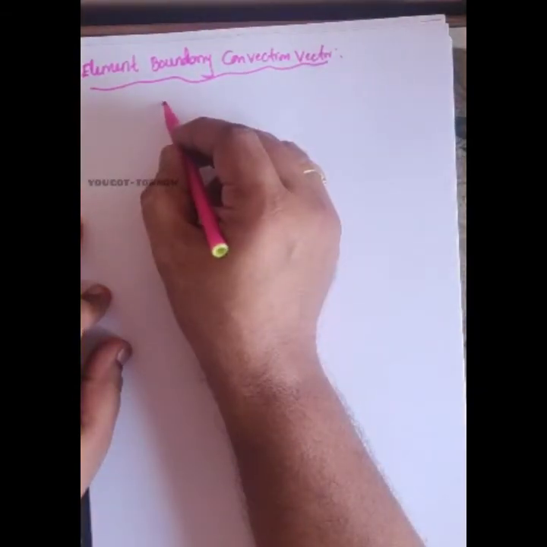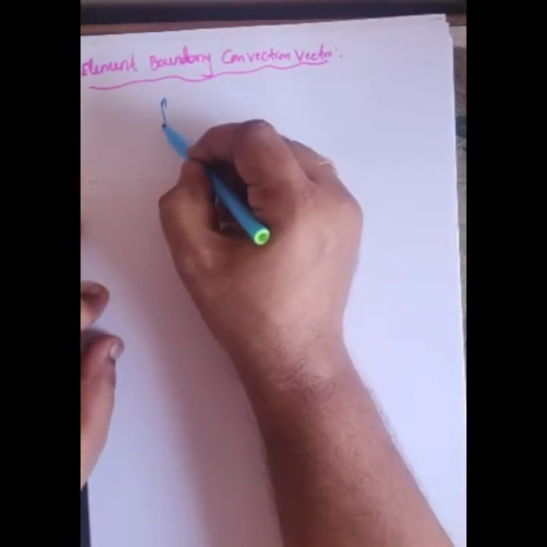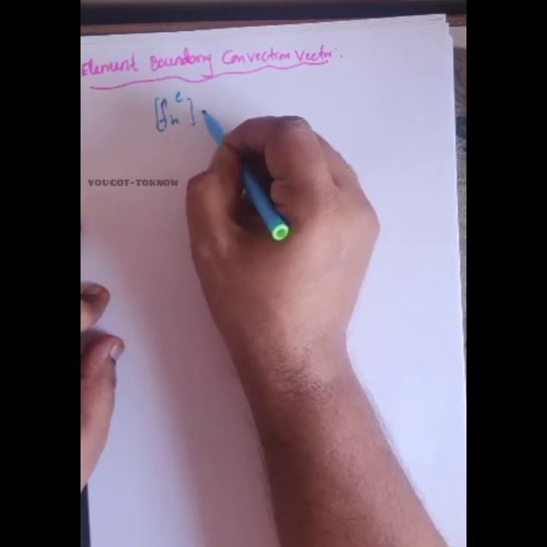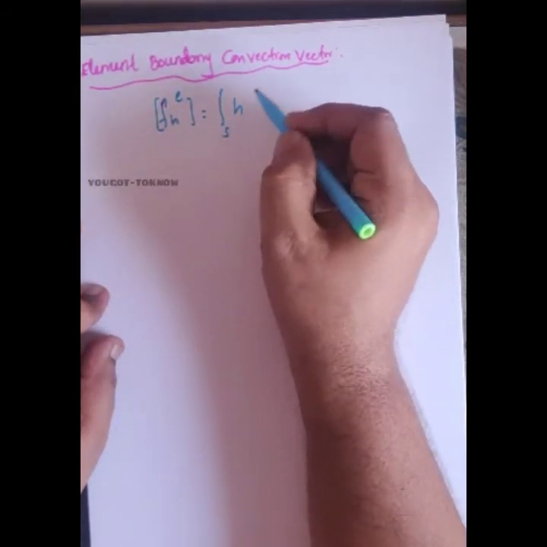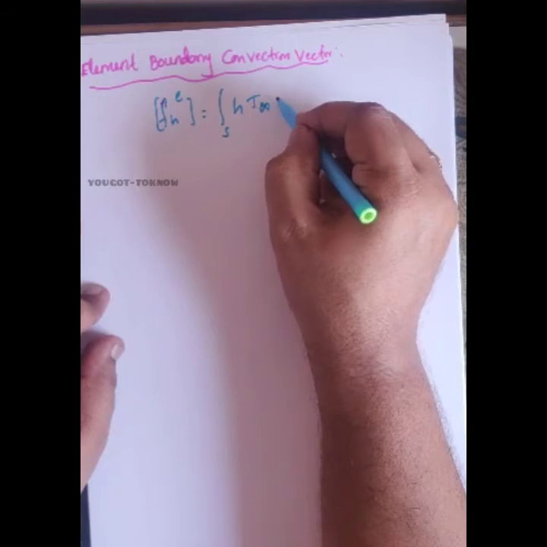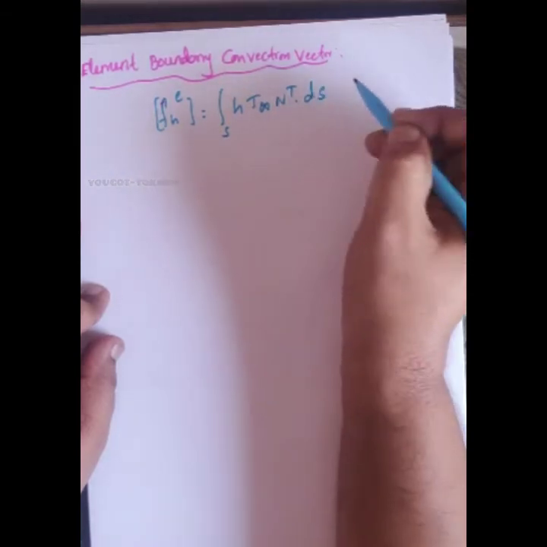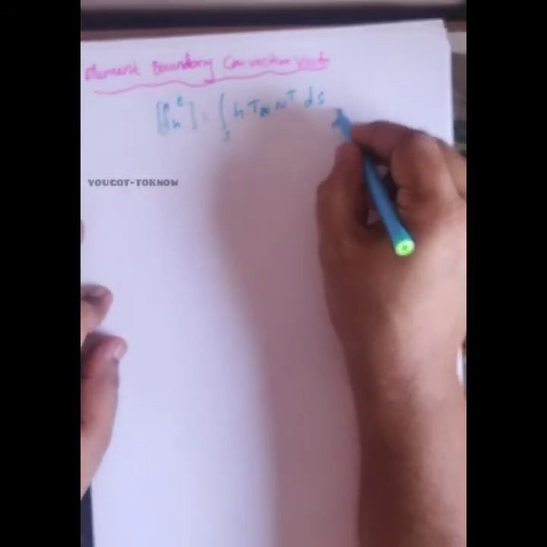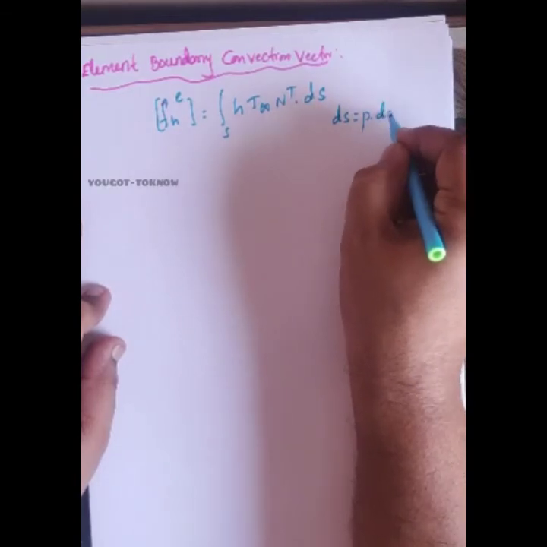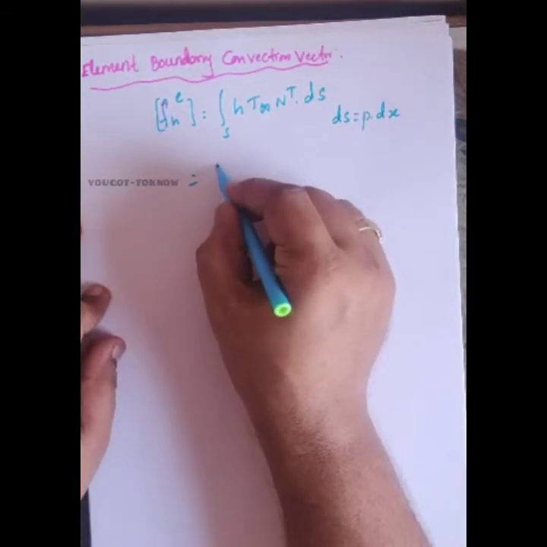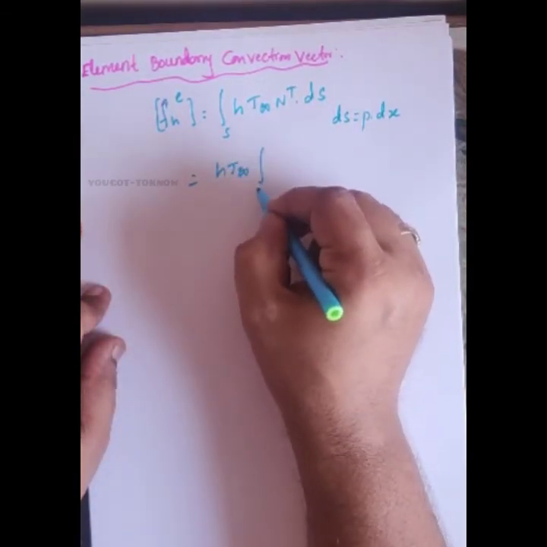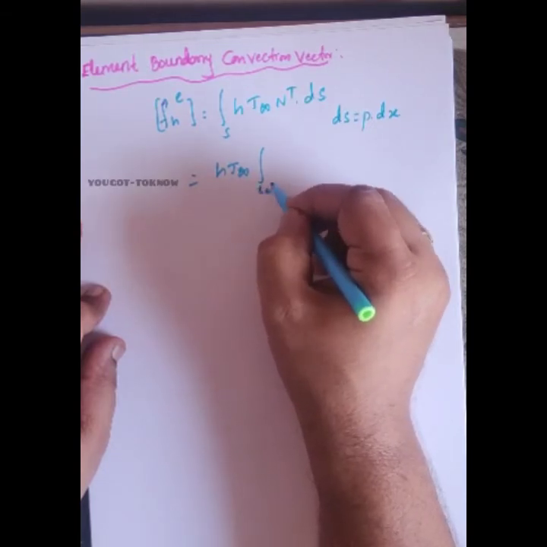Once again, this is f_h^e. f_h^e will be equal to the surface integral of h into T infinity N transpose into dS. What is dS? Once again, dS will be equal to p into dx. Same thing, this surface integral you can make into a line integral.